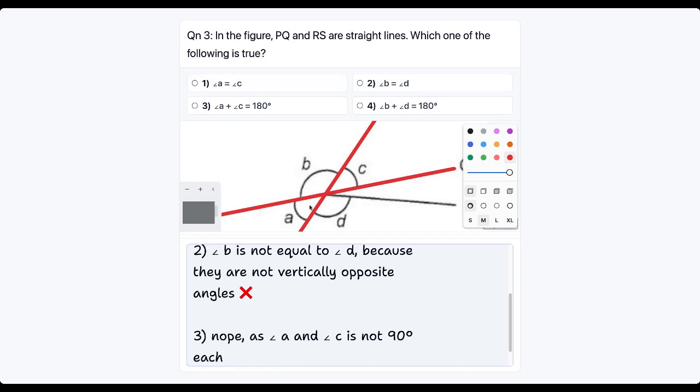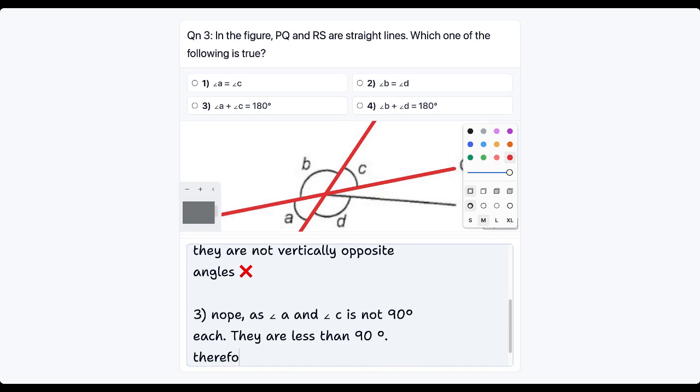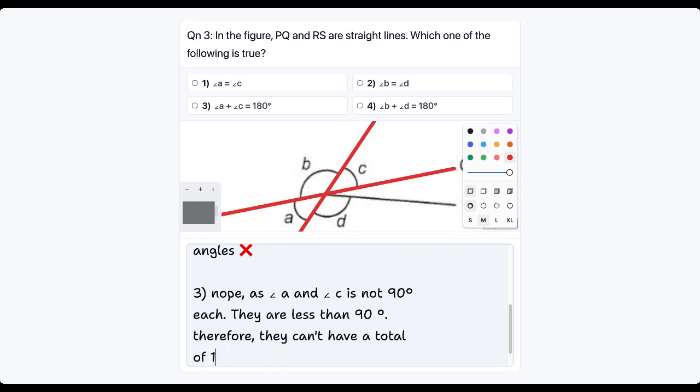They are less than 90 degrees, clearly. Therefore they can't have a total of 180 degrees. That's what I see over here. So this is a cross.